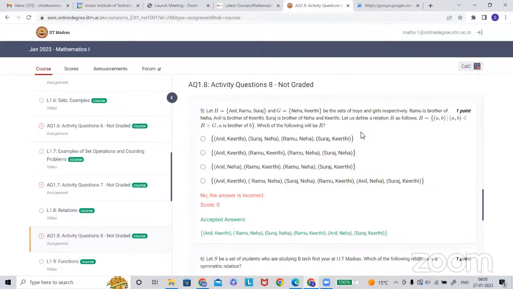But here the condition is given, A is brother of B. They have given a condition as an example, and at the same time they have defined the relation. In the relation, they have clearly expressed B cross G, the Cartesian product of two sets. So we have to consider the relation.